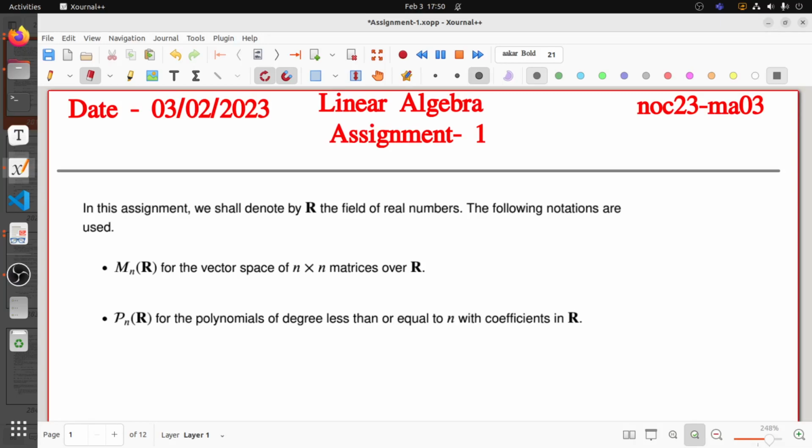So now move to the next one. What it is saying, A is a subspace of B if and only if span of A equals A. So let's check. So question number 3, what it is saying, A is a subspace of B if and only if span of A equals A. So okay, let's first do this direction.